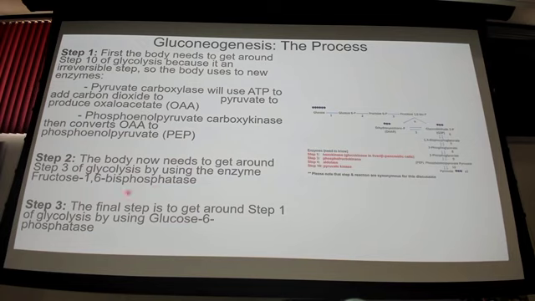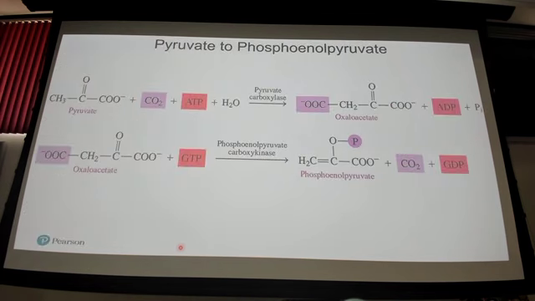Now step 2 of gluconeogenesis needs to circumvent step 3 of glycolysis, that irreversible step, through the enzyme fructose 1,6-bisphosphatase, which converts fructose 1,6-bisphosphate into fructose 6-phosphate. Then the final step: glucose 6-phosphatase is the enzyme in gluconeogenesis that converts glucose 6-phosphate into glucose.